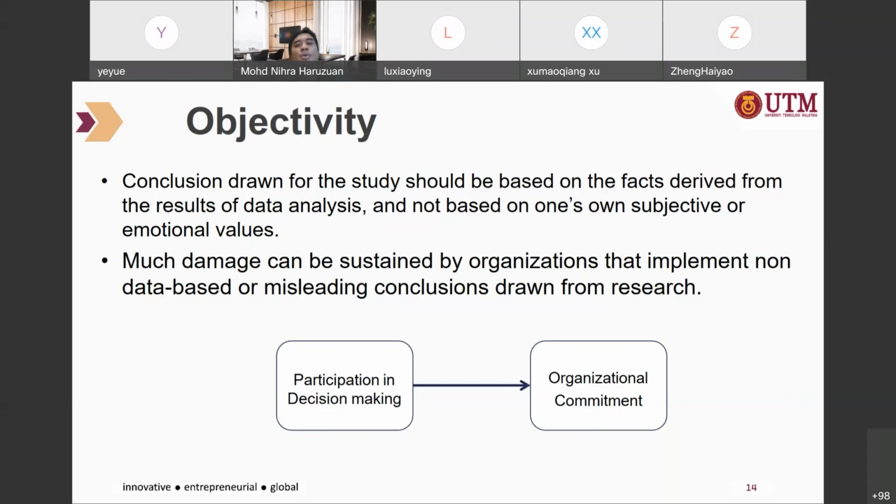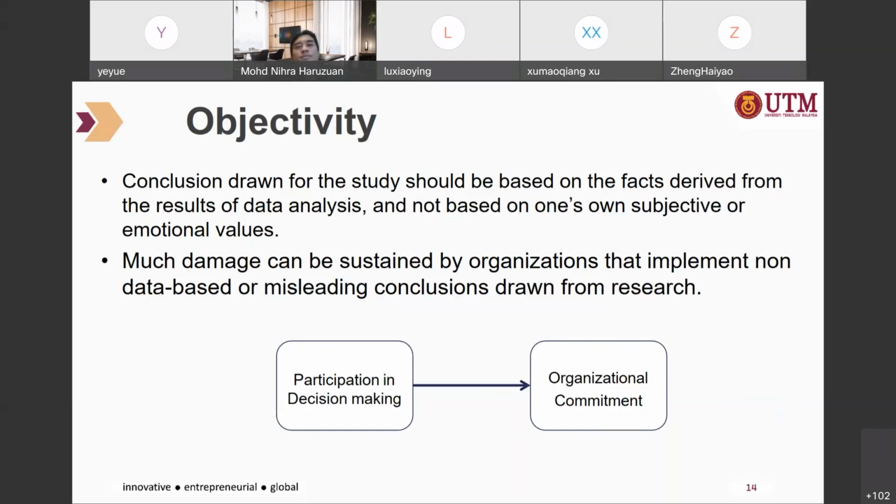So you need to make sure all your interpretations and all your elaboration should be very objective, and avoid non-evidence. Please avoid that. So much damage can be sustained by organizations that implement non-data-based or misleading conclusions drawn from research. This is very dangerous.